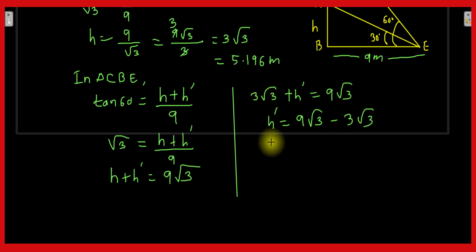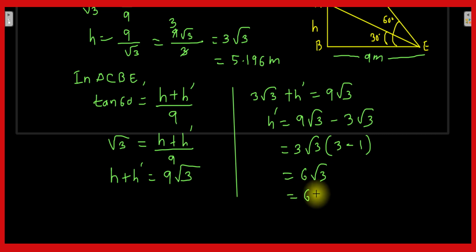Now take out 3 root 3 as a common factor, so it will be 3 root 3 into, inside the bracket, 3 minus 1, which is equal to 2, so 2 into 3 root 3 is 6 root 3. And therefore 6 root 3, that is 6 into 1.732, will be 10.392 meter.